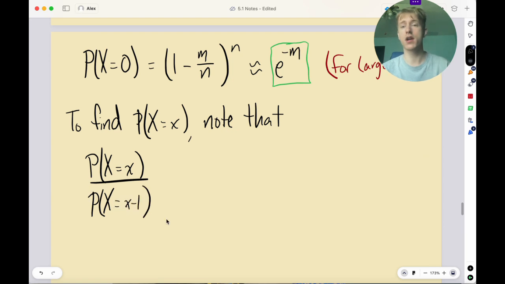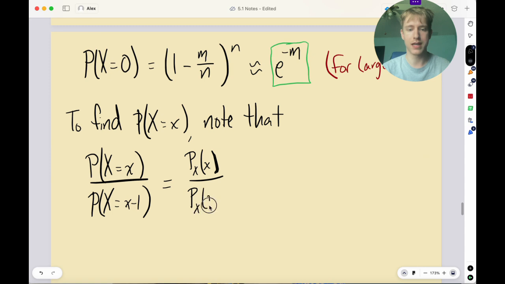Remember, I said that we wanted a recursive relationship, so that kind of clues you into taking little x and little x minus 1 as successes. And by the way, just to make the notation a little cleaner, I'm just going to go ahead and symbolize this with a function that we're plugging in little x. This is going to be a function where we're plugging in little x minus 1. So keep that in mind. Okay, so then what is this going to equal?